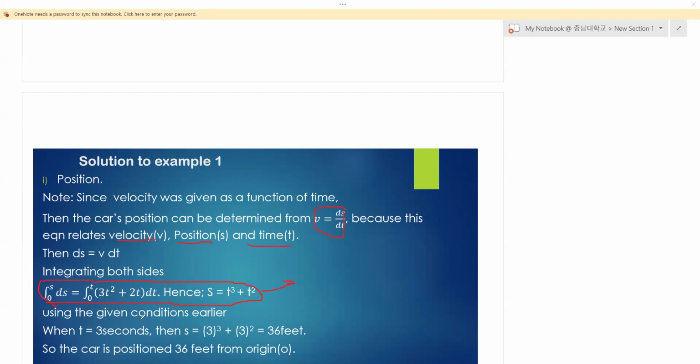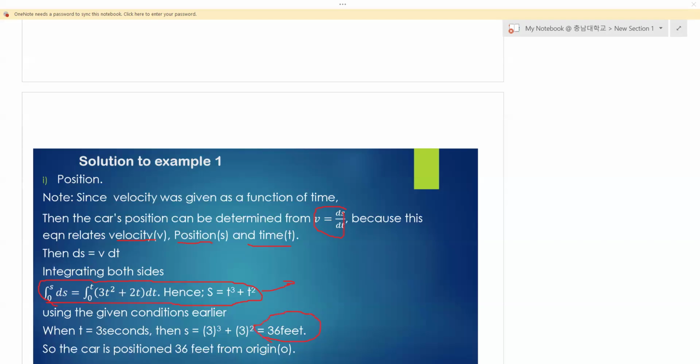Once you get this expression, you are able to substitute for t equal to 3. Using the given condition, when t is equal to 3 seconds, we substitute for t in the expression that we got when integrated from 0 to t, and we realize that our position would be 36 feet.